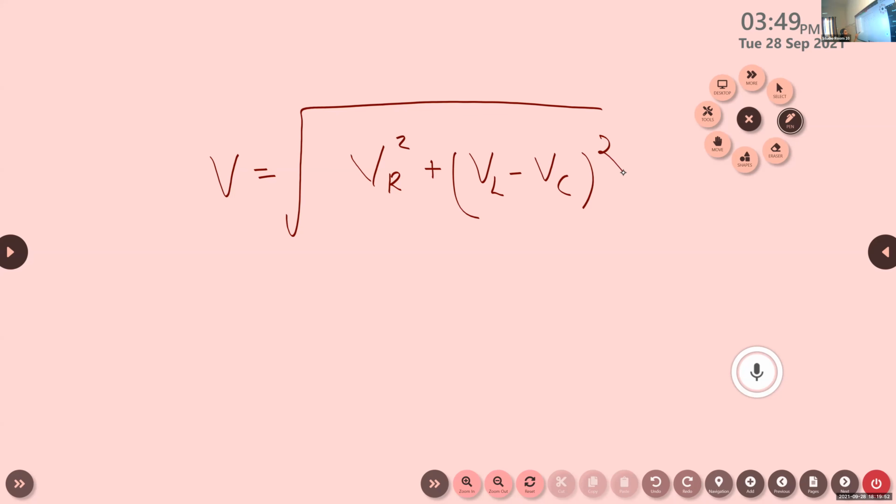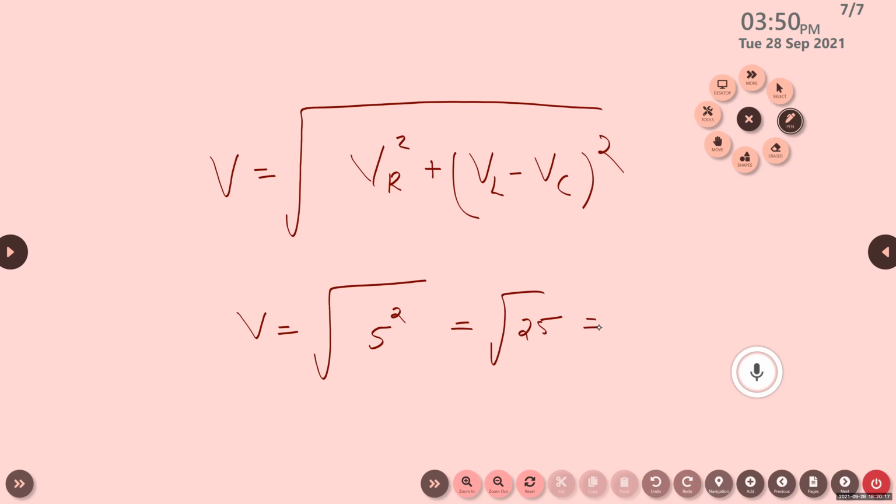But here we know that VL is equal to VC is equal to 10 volt, which implies VL minus VC is equal to 0. 10 minus 10 is equal to 0. Therefore, applied voltage V is equal to root of VR square, that is 5 square, root 25, which is equal to 5 volt.